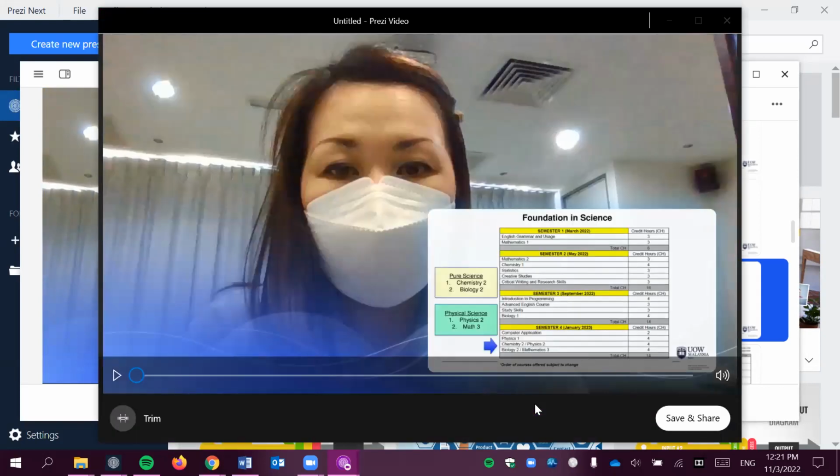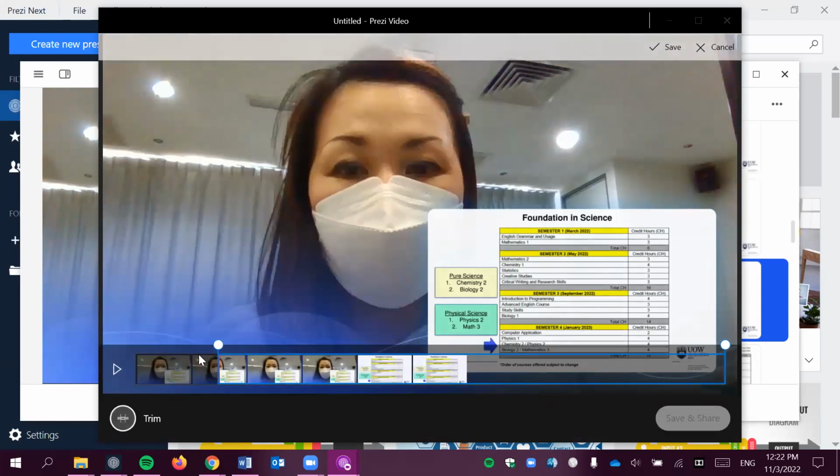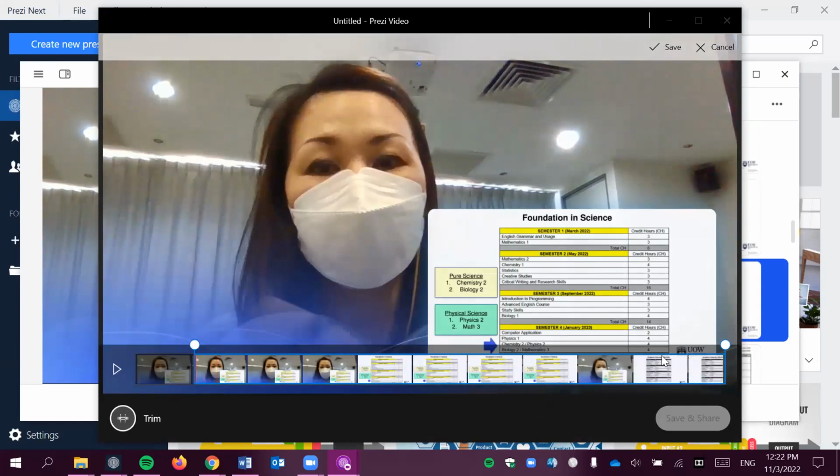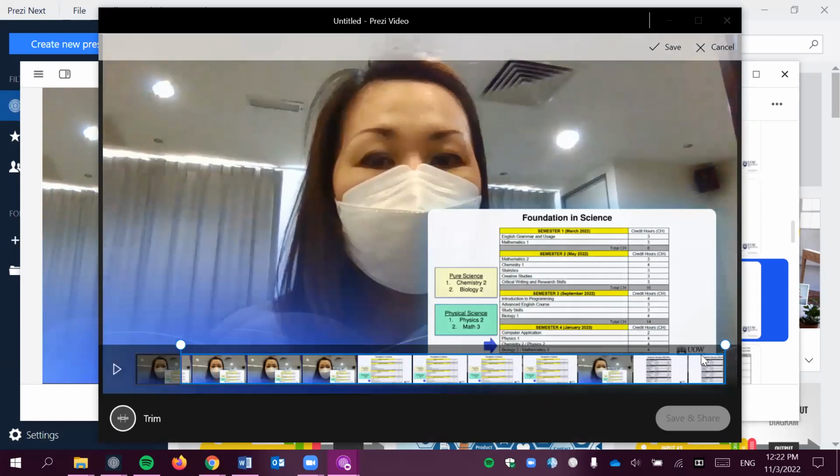Okay, done recording. Then you have it here already. You can also trim. Usually sometimes the head and tail, you might need to trim a little bit. You can actually trim it inside here also by clicking on this button. So this is just very simple editing that you can do.